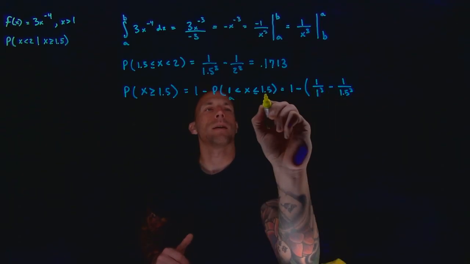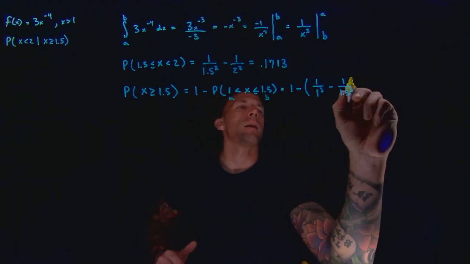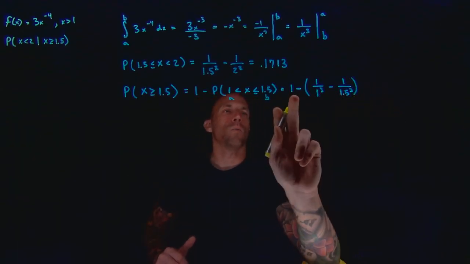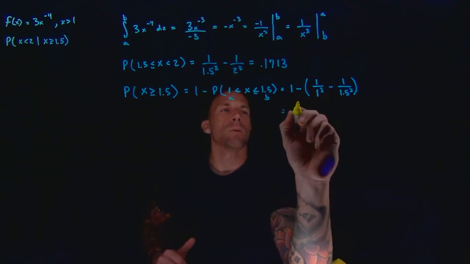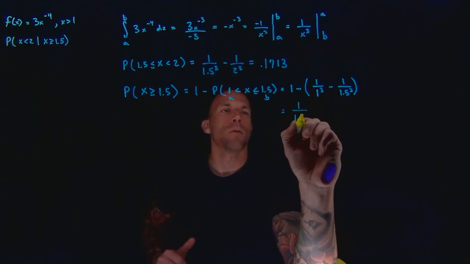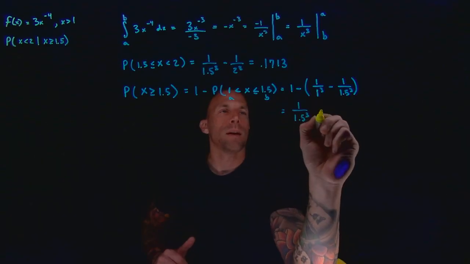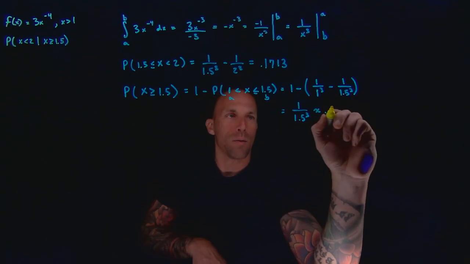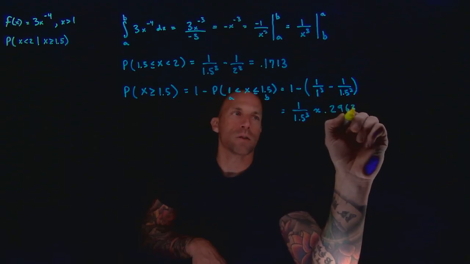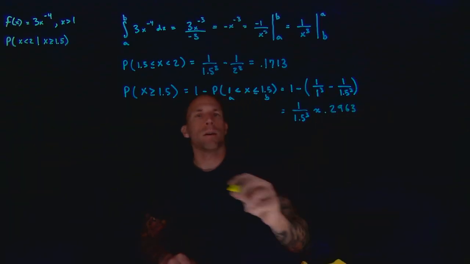This is a and b right here. And so 1 minus 1 is going to cancel, the negative is going to cancel. So what we've really got here is 1 over 1.5 to the third. And if we run that through the calculator, we get about 0.2963. So that's our denominator.